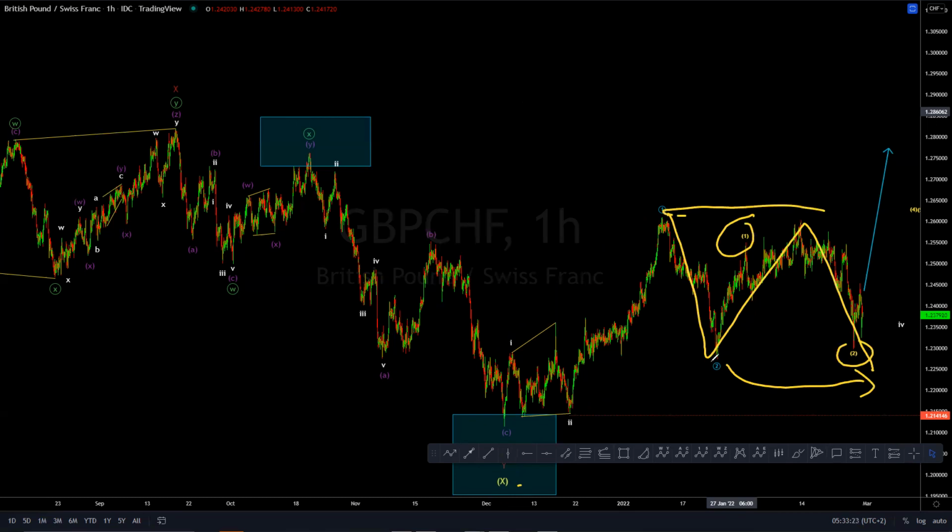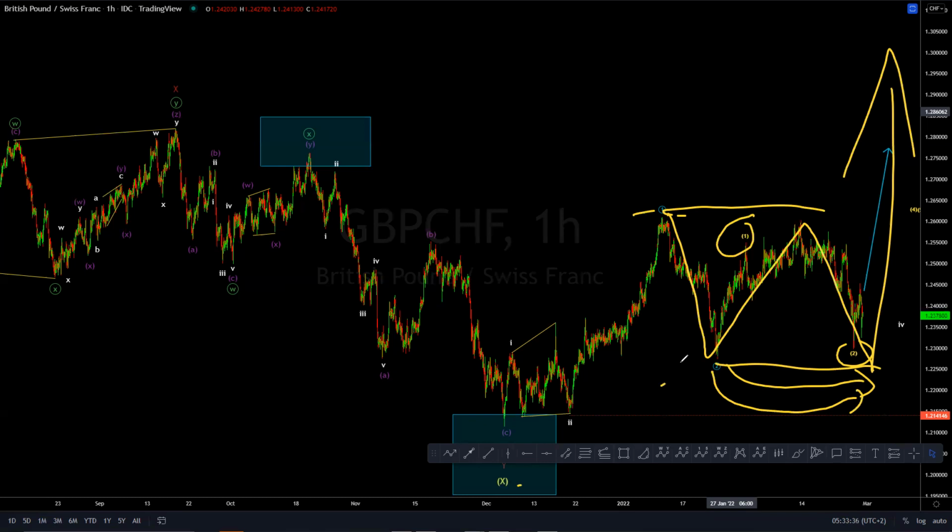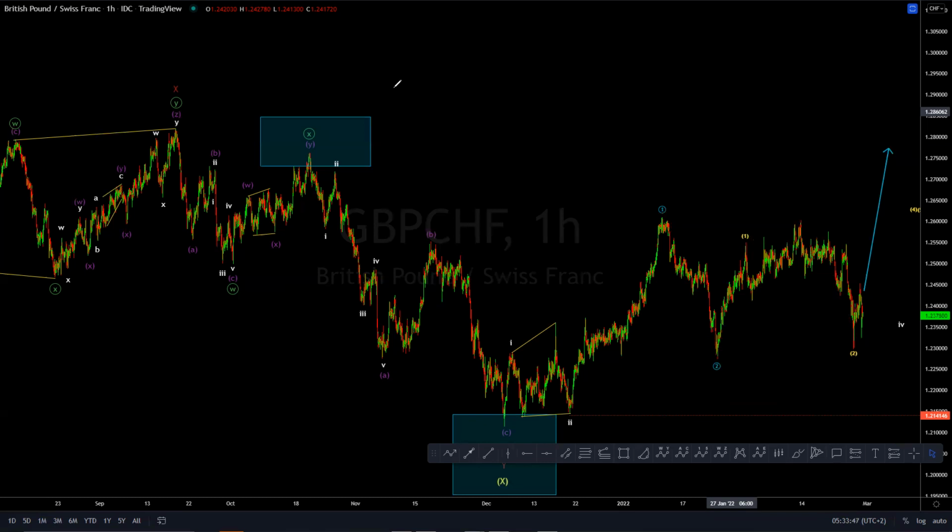So we may have something like this, a regular flat corrective structure before we see a move to the upside for wave 3 in blue, with wave 2 in blue being in that area there instead of here. And nonetheless, the price would still be remaining above this level here, which is a crucial level for this labeled view to remain valid. Otherwise, if price breaks lower, then X would be lower there. So two scenarios. The question then becomes, which one is more probable?